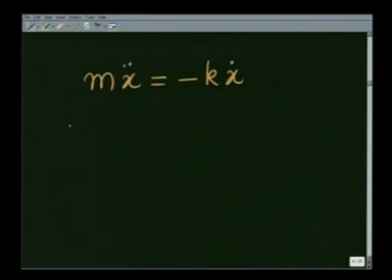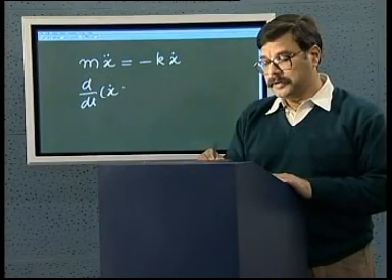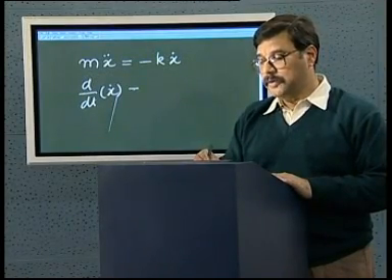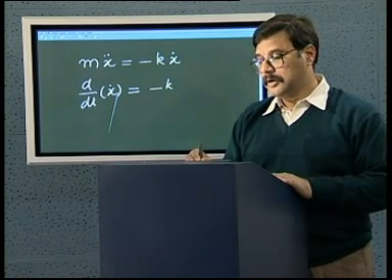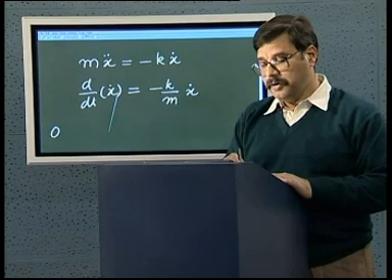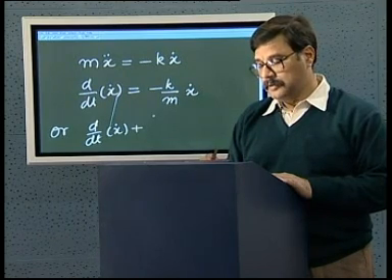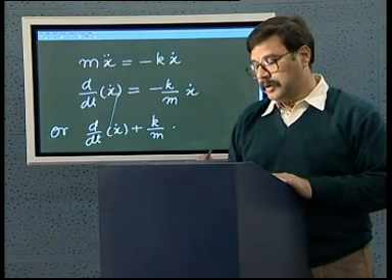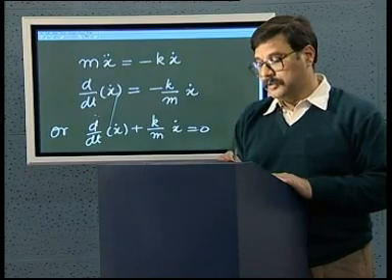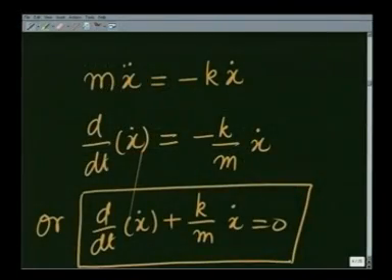In more familiar terms, it is going to be d over dt of x dot, which is nothing but x double dot, equal to minus k over m x dot, or d over dt of x dot plus k over m x dot equal to 0. This is my equation of motion that I want to solve for this particle.